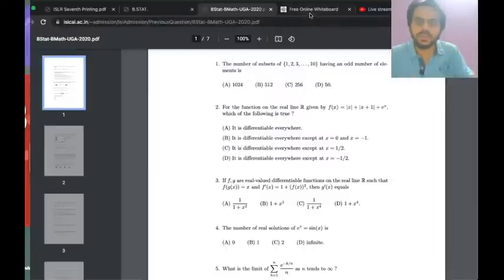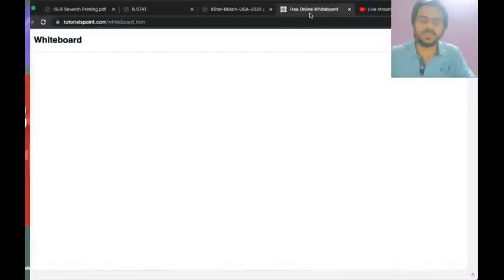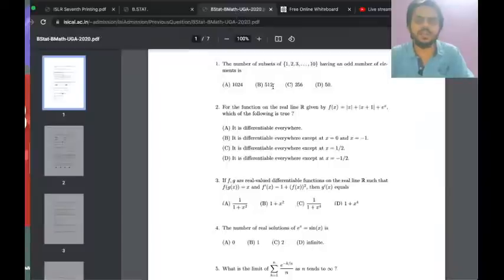So let's first write the set. We have 1, 2, 3 and so on till 10. Now I need to collect all the subsets which have an odd number of elements.